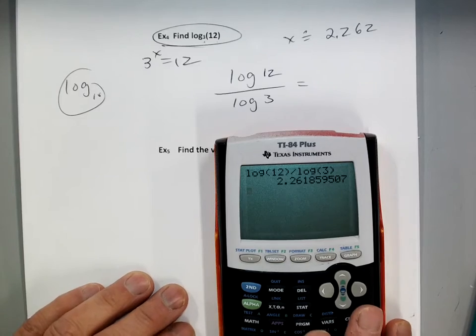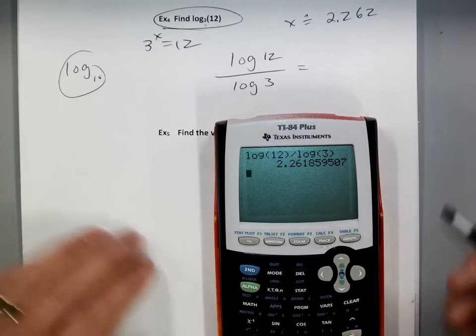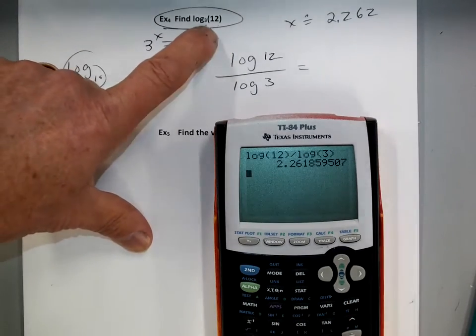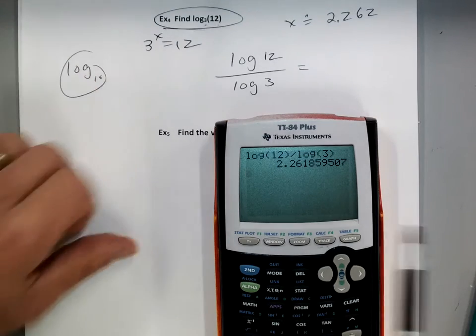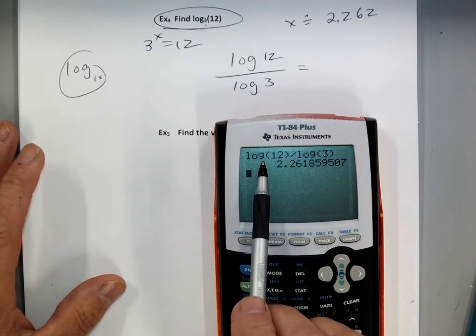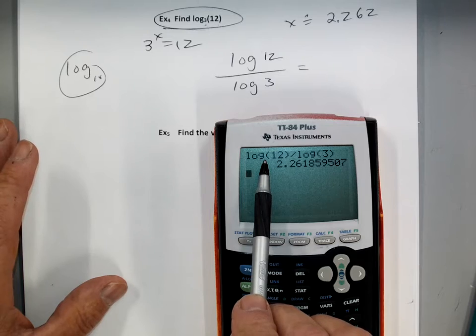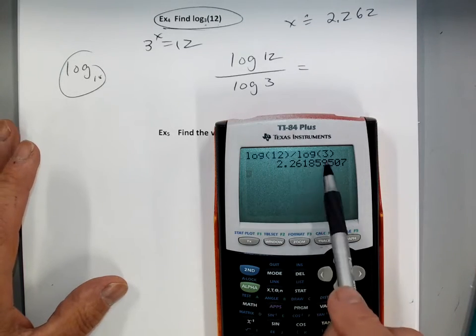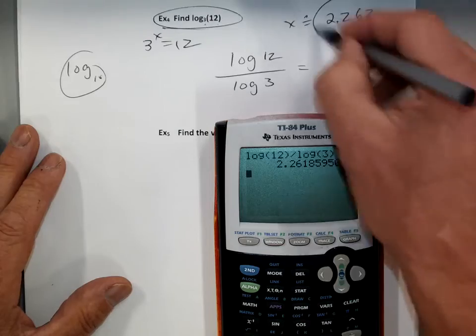Hey, I got the same answer. What do you know? So if you have a fancy dancy calculator and you can do any base, awesome. But if you don't, you'll at least have on your phone base 10, so you can do log base 10 of 12 divided by log base 10 of 3, and you get the same exact answer, okay?